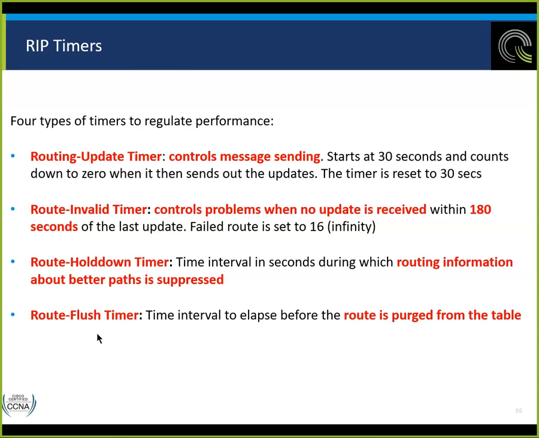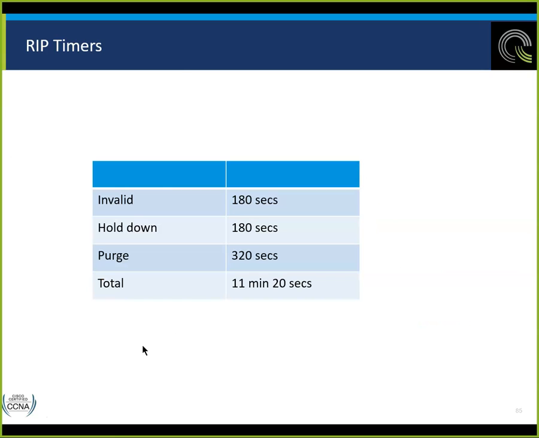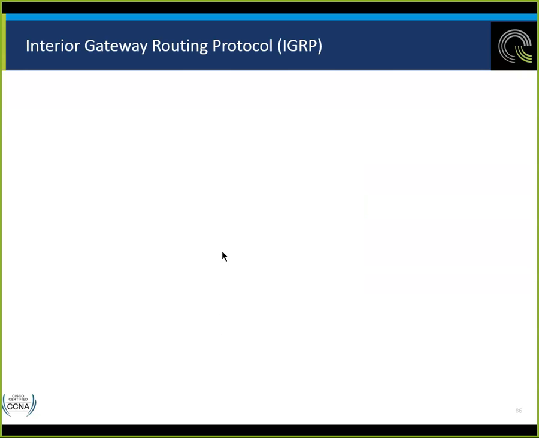The route flush timer, the time interval before the route is purged from the route table, is going to be 240 seconds. So when we look at the entire thing, the invalid time, the hold-down time, the purge time, it can be a long time before a route actually gets taken out of the route table in RIP.